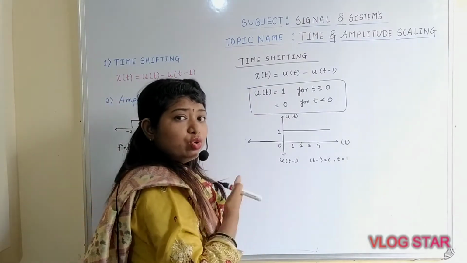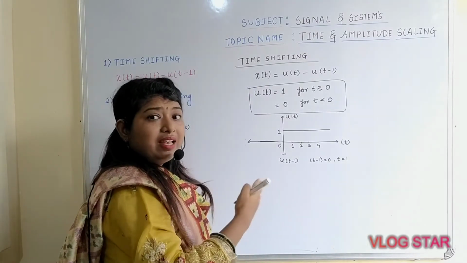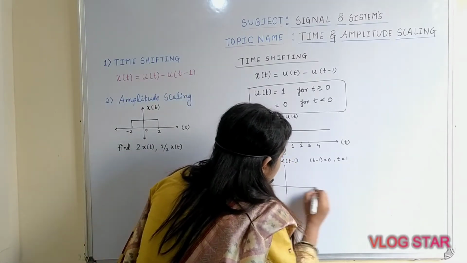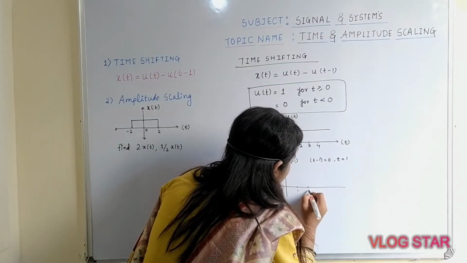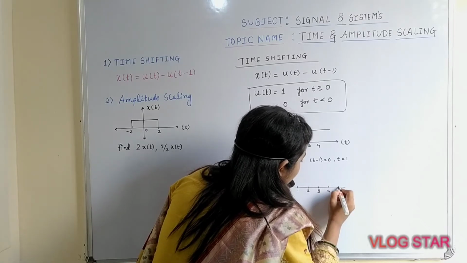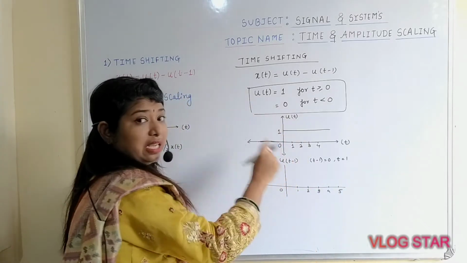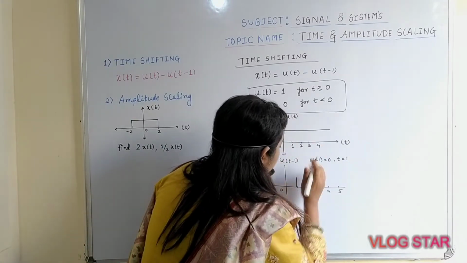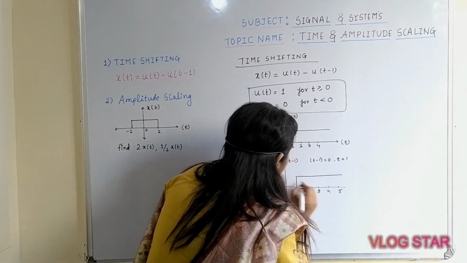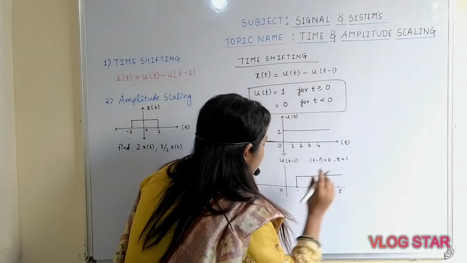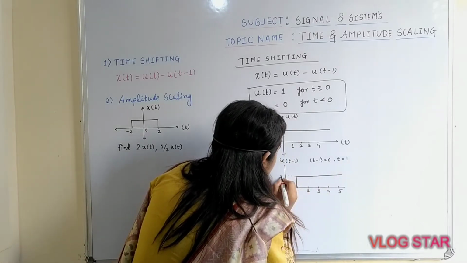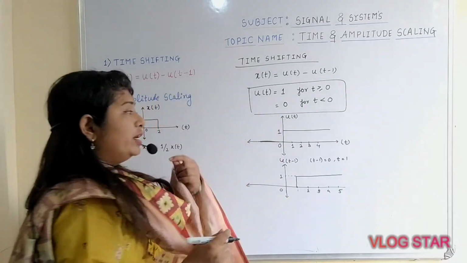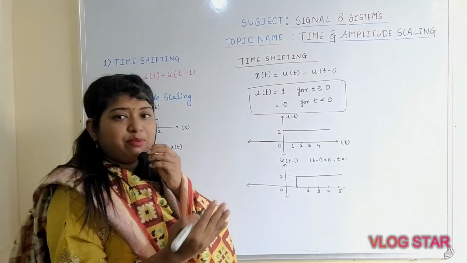So you have to shift the unit step signal to t is equal to 1. How are you going to draw that signal? Can anyone tell me? You need to shift that signal towards the right, to t is equal to 1. The amplitude is 1. I hope you have understood how to perform the time shifting.